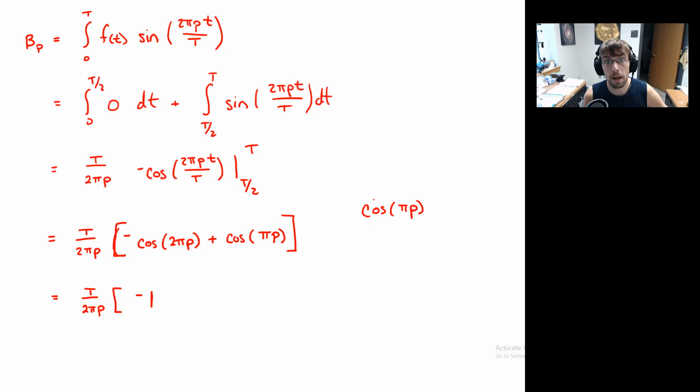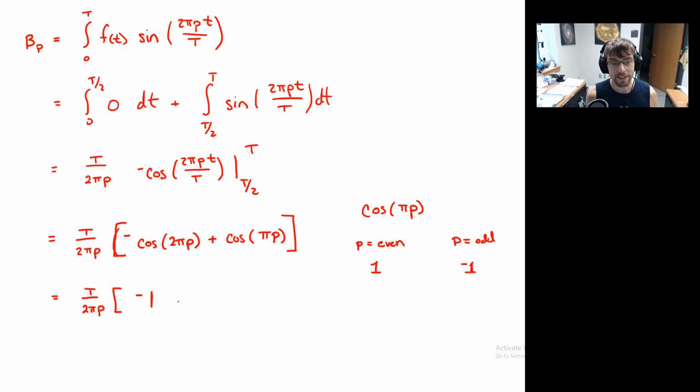It has two possibilities. Okay? If p is even, then cosine of pi times p is equal to 1. If p is odd, then we get negative 1. Good.